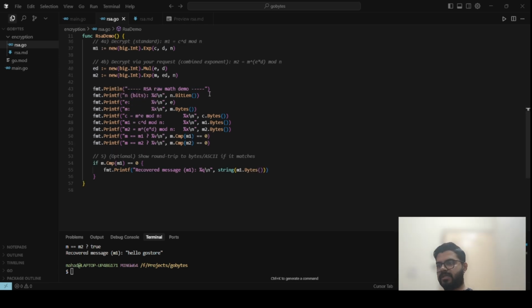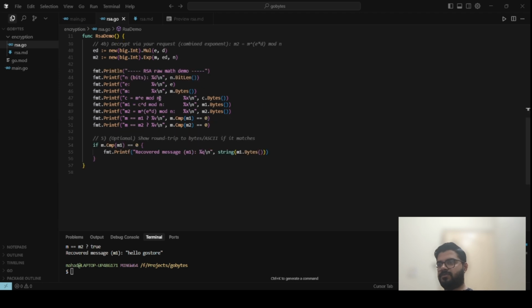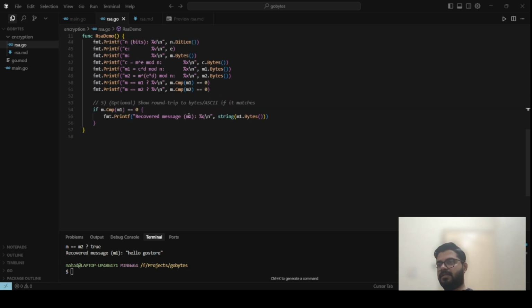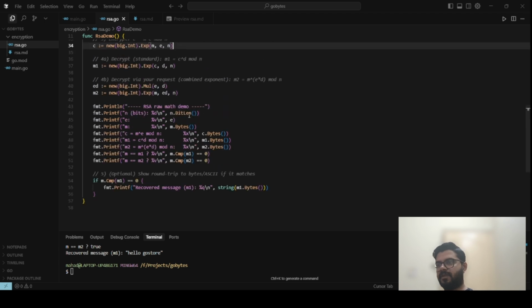Now we are going to check whether all these things are matching or not, right? So what is c? It's printed over here. What is m1? That is printed over here, right? What is m2? That is printed over here, right? Since we have taken m to the power e times d mod n, this is our decrypted message, right?